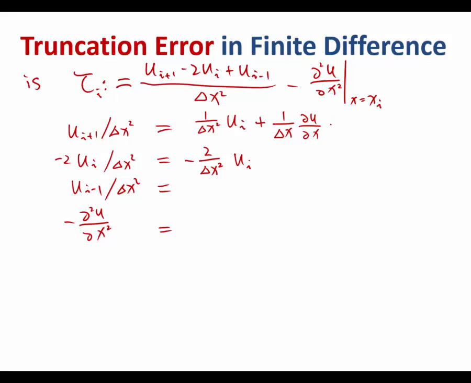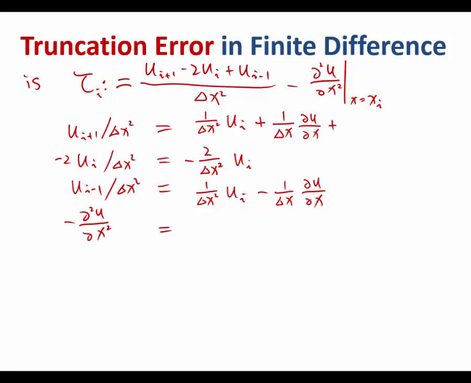There are also second order terms, but let's leave it here for now, and I will expand other terms. This one is also 1 over delta x squared times u i, but this is minus delta x times partial u partial x. And the second derivative term I will leave for now because we haven't seen the second order derivative yet.